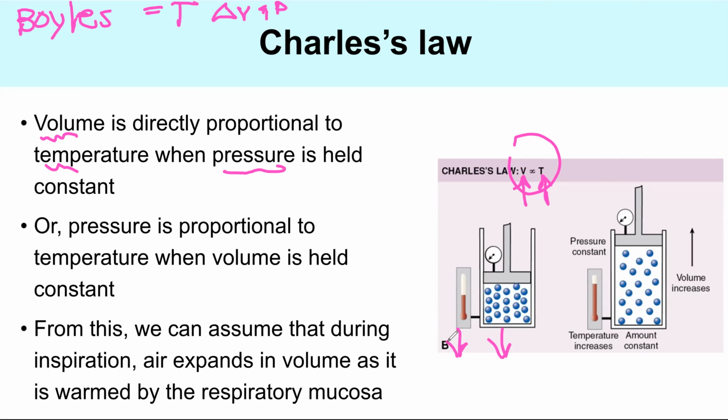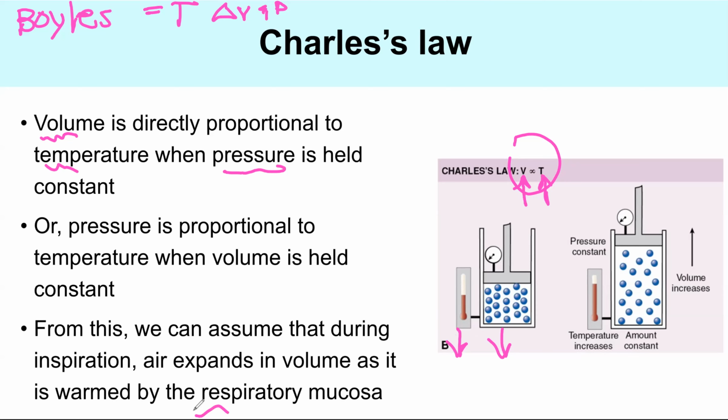And so from this equation, or from this law, really what we gather is that during inspiration, okay, when we breathe in, air is actually going to expand in volume as it's warmed by the respiratory mucosa, because what we're saying at this point is that we're increasing temperature.